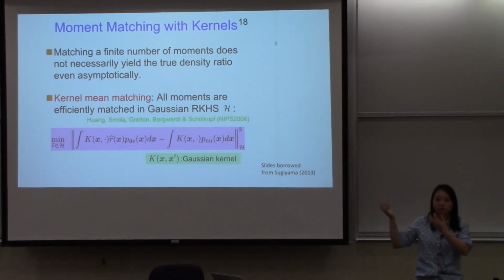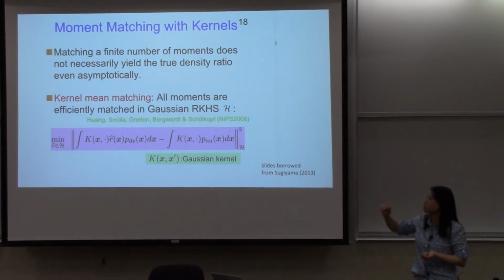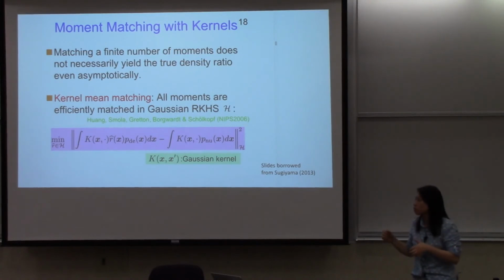Yeah, for example, polynomial kernel only has a finite number of moments. The dot product is only finite dimension. A finite dimension of feature functions dot product is polynomial. But in the Gaussian case, you can prove that it represents an infinite number of dimensions of features.